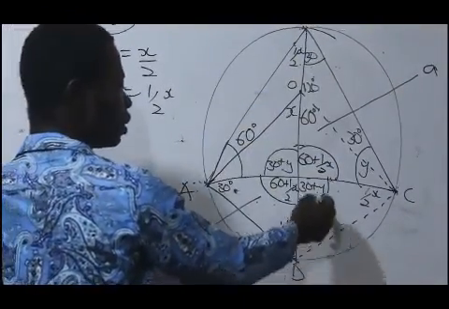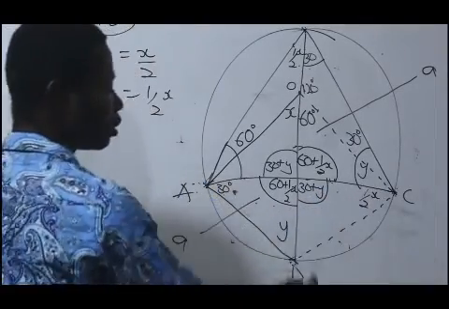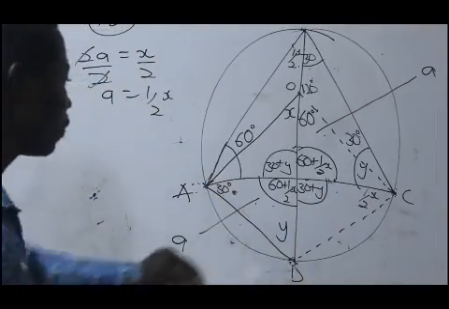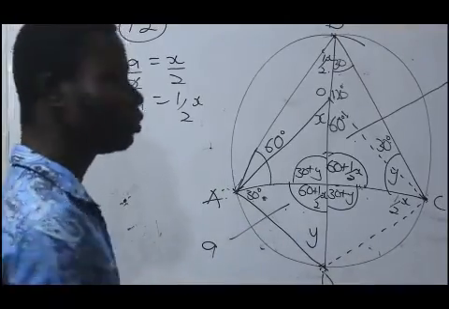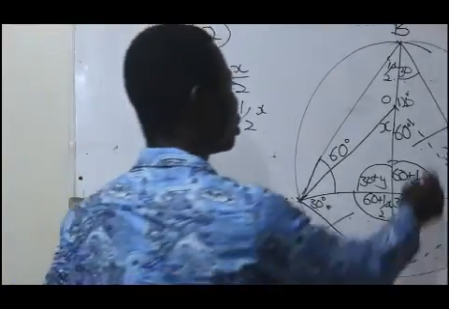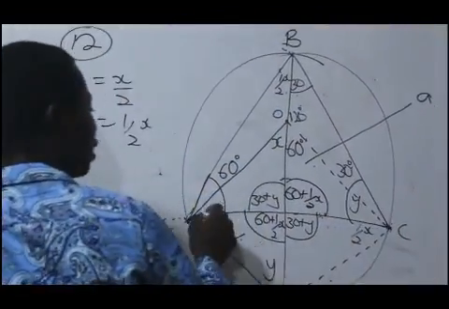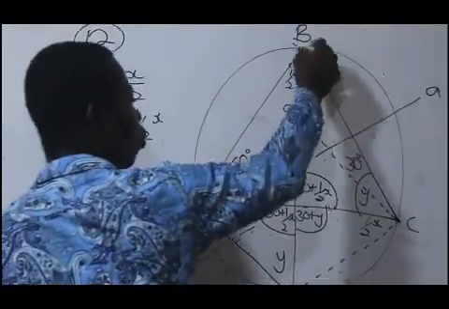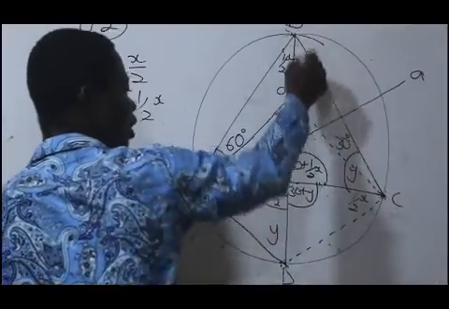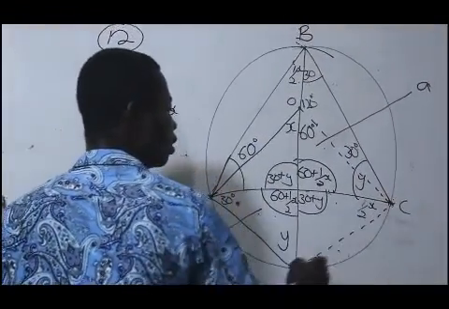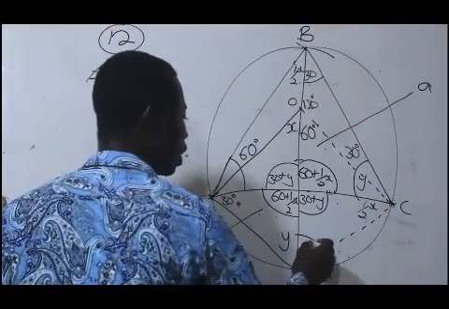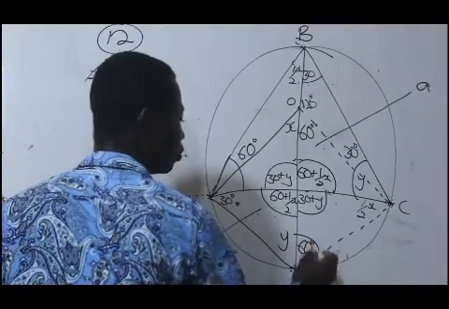Now we also have 60, 30 plus y and then half of x. We also have 30 plus y, half of x, but we don't have anything here. But definitely this angle is also going to be 60 because this chord BC subtends an angle of 60 degrees here. The same chord BC will also subtend an angle at E. So here too we also have what? 60 degrees.